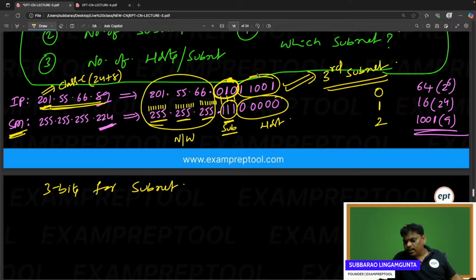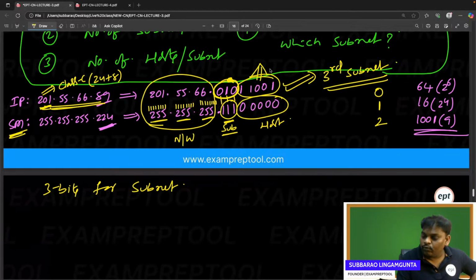In the IP address, the corresponding place, subnet part 010 means subnet number 2, physically the third subnet. After the subnet number is over, the next part is the host. This is the binary number; convert it to decimal.